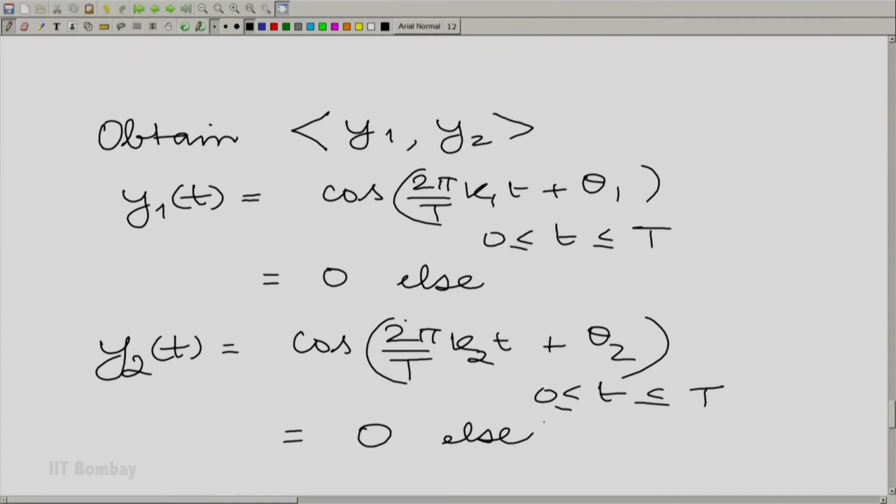Well, that is an easy dot product to calculate. All that we need to do is to multiply these two signals and integrate between 0 and T.